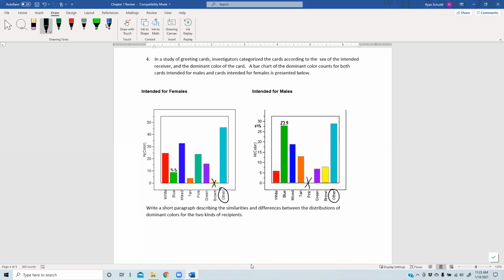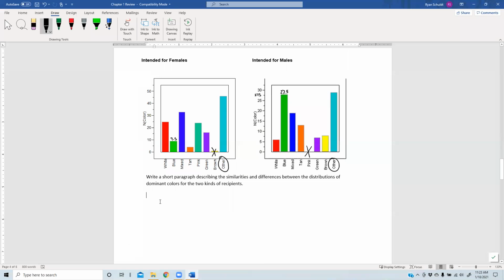Yeah, so let's kind of put this into a paragraph. Now, since this is a paragraph, I'm just going to type it. I'm not going to handwrite it. But let's put our observations down here into a paragraph.